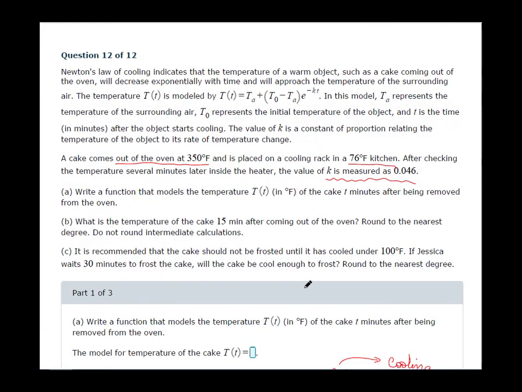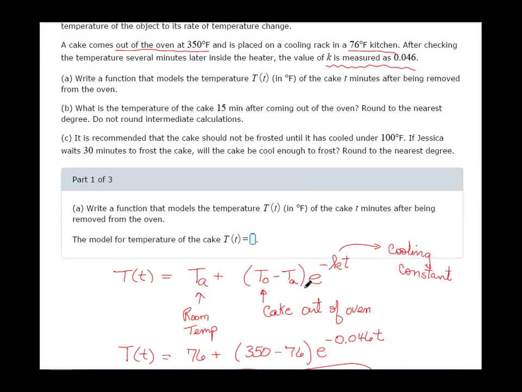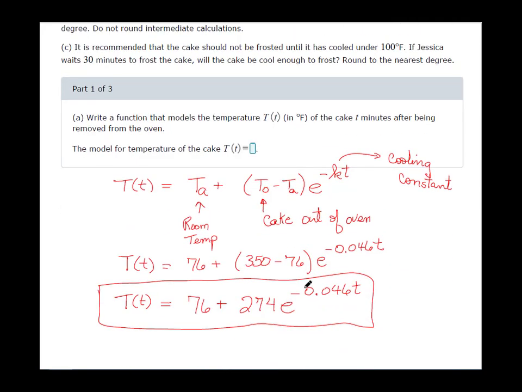All right, question 12 involves cooling. So, the idea is fairly simple. You put something in the oven and it's cooking. A cake, a turkey, whatever you have in the oven. And if you let it sit there for a while, the temperature of that item is going to be what's in the oven.